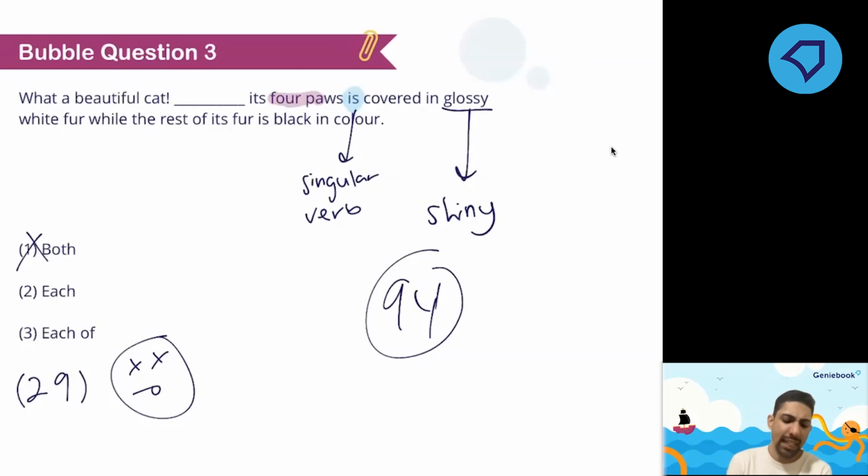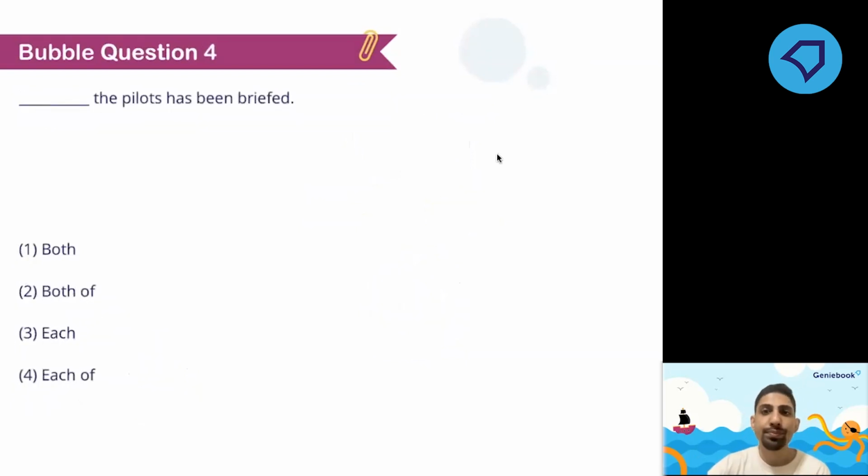So the question is, is it each or each of? If you try and say it out, you realize that each sounds weird. Each, it's 4 paws. It's supposed to be each of. Each of its 4 paws. That's the answer. Let's go on to bubble question 4.